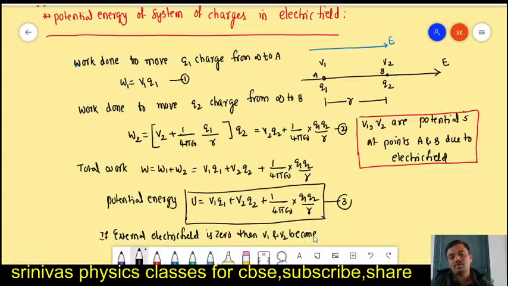When V1 and V2 become 0, the potential energy of the system of two charges is only 1 by 4 pi epsilon naught Q1 Q2 by R, just similar to the previous formula.